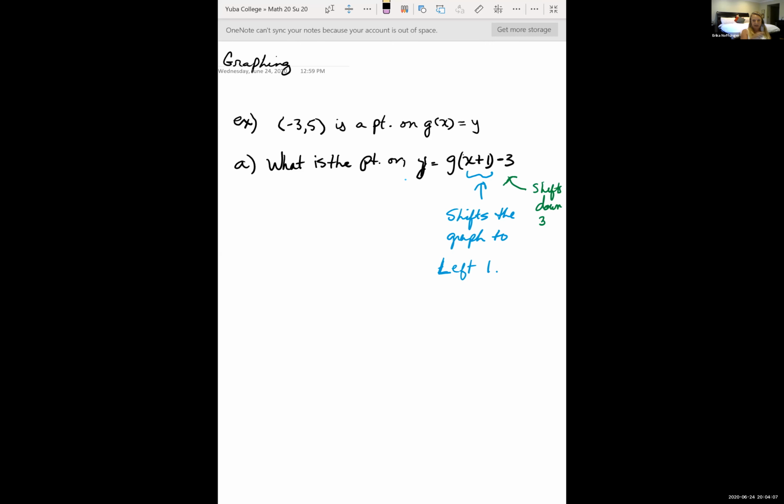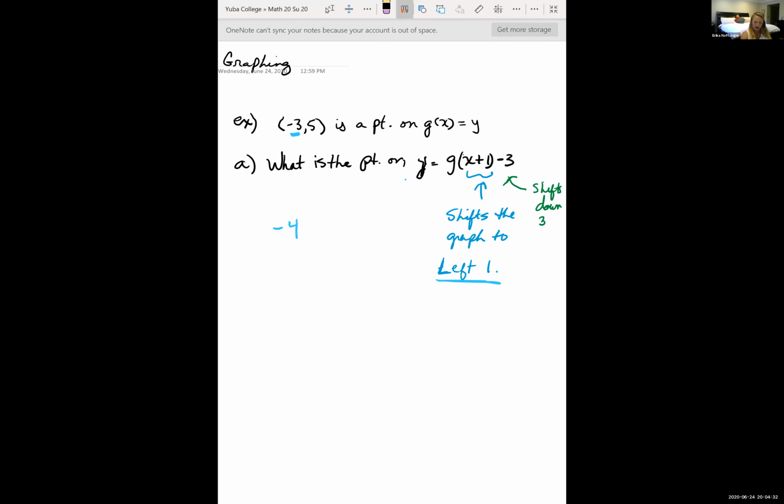Okay, well, shifting things to left, that's affecting our x value. And so we're going to the left 1, and our point was at -3, then our new x value is going to be -3 minus 1. So it is now at -4.